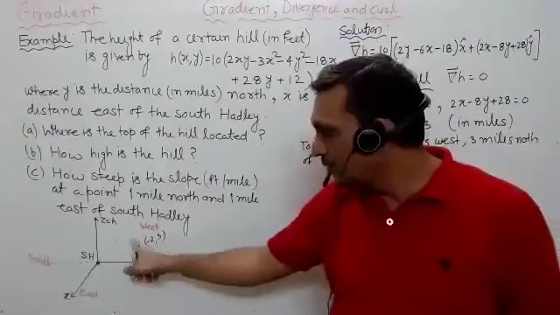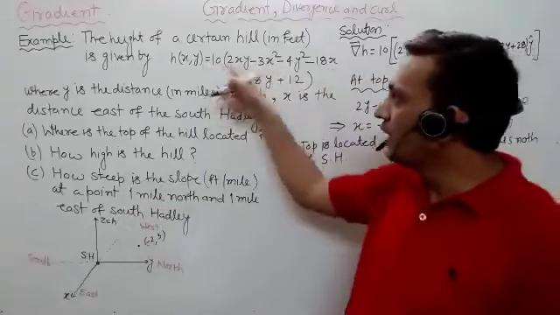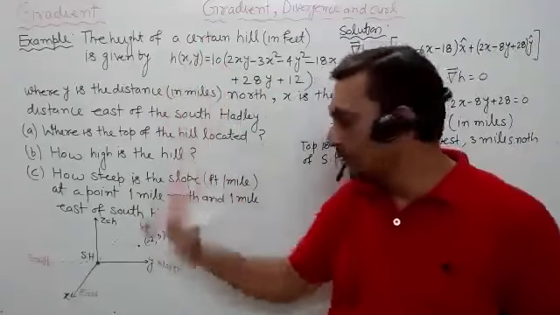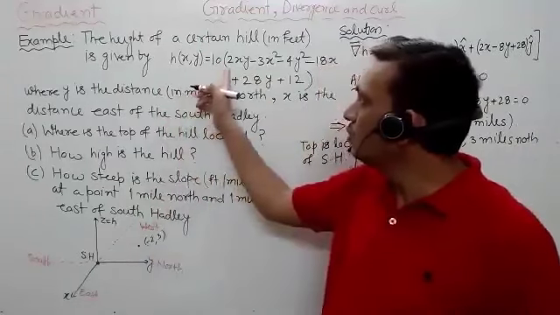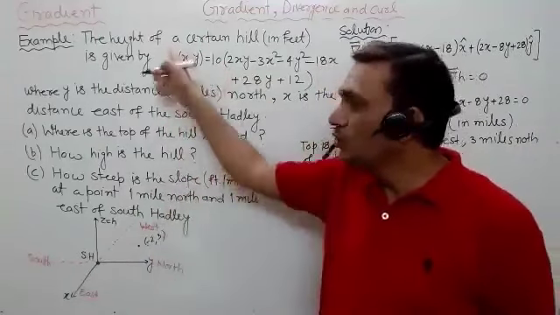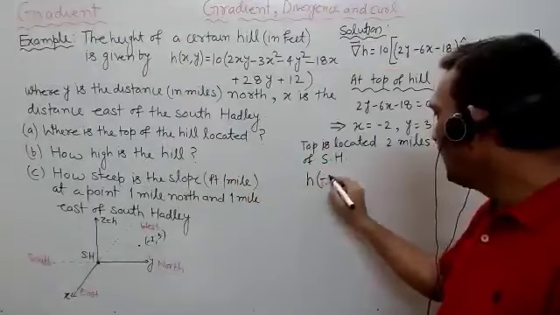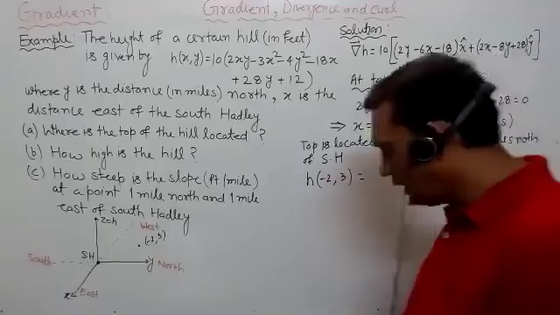Now you can see h is a function of x and y, and you know the point where the top of the hill is located. So just put x equal to minus 2 and y equal to 3, and you will get the h value. What will be h at minus 2 and 3? Calculate this value.